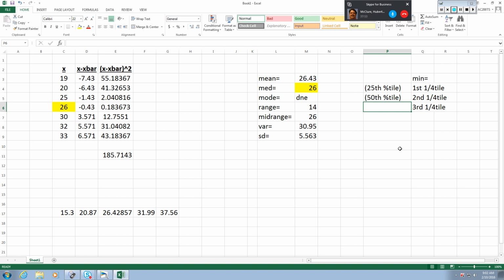And the third quartile, 75th percentile. I'm only telling you that in case you see it in the book as something else. What else is the second quartile or the 50th percentile called? The median.